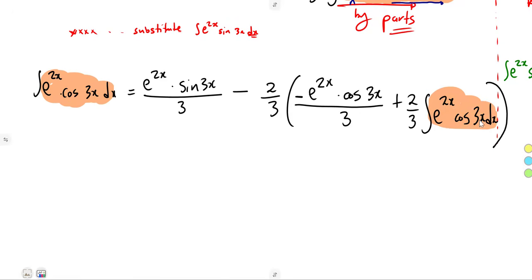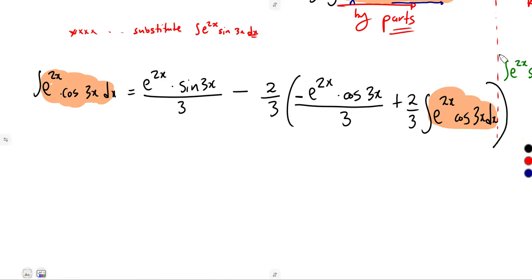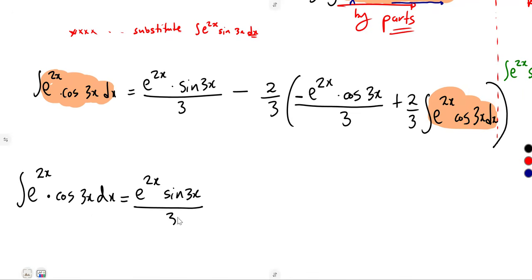So let us separate those so that we can properly see our terms and collect our like terms. For the sake of following, I'm just going to rewrite everything as it is: e to the exponent of 2x, the sine of 3x, everything over 3.